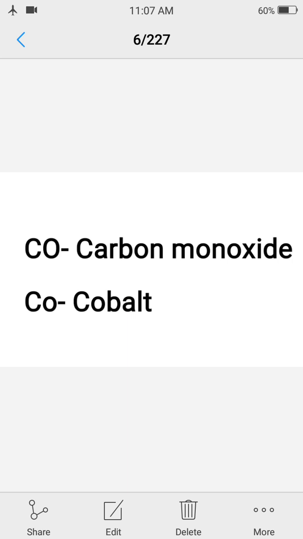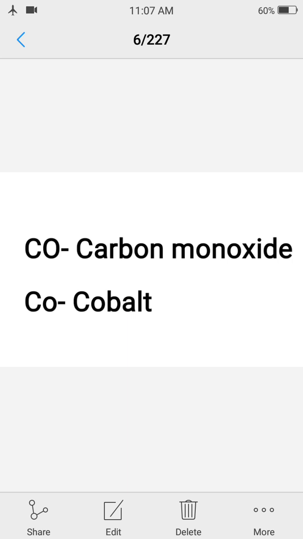Capital C and capital O will not represent cobalt. Cobalt is capital C and small o, not capital C and capital O. So we have to keep these things in mind while writing formulae or symbols. It is very important to write symbols or formulae in a proper way.